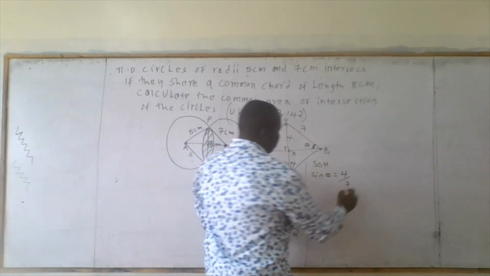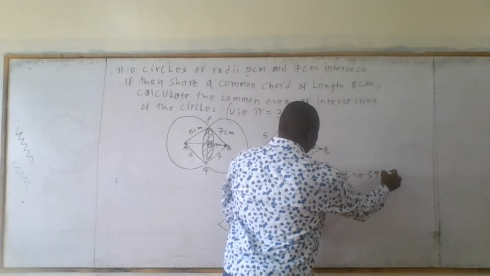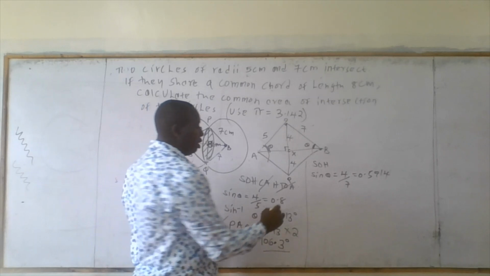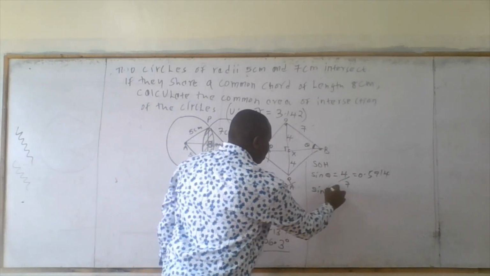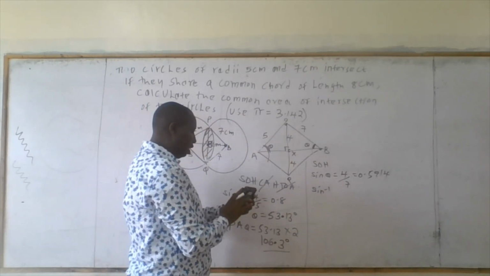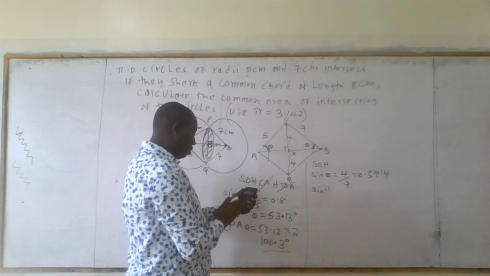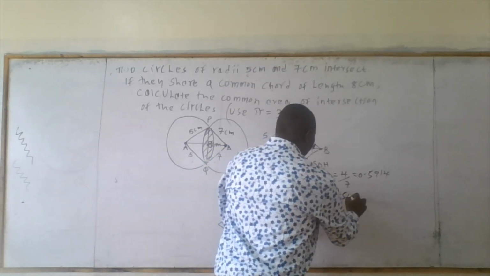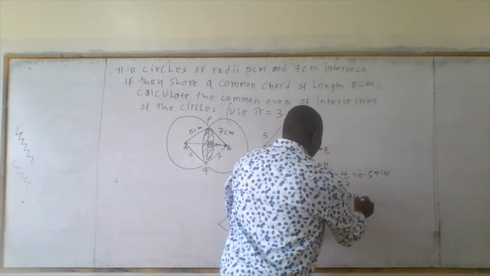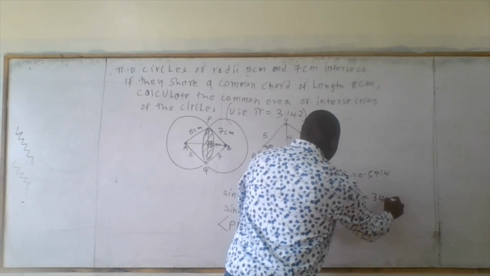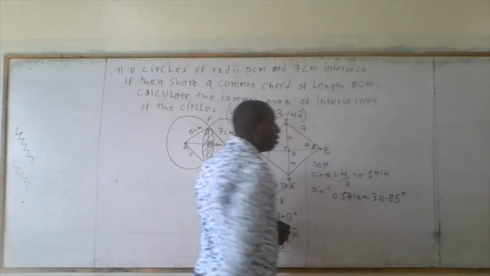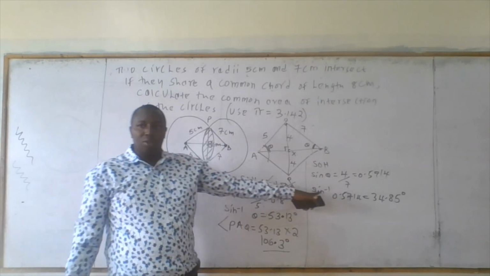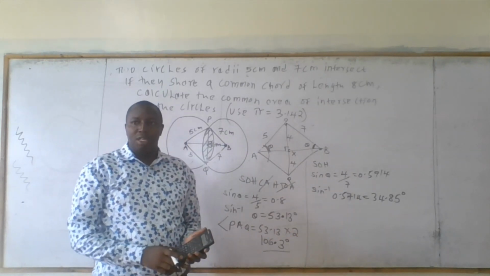You get 0.5714. On your calculator, shift sine of 0.5714, and you get your angle as 34.85 degrees.